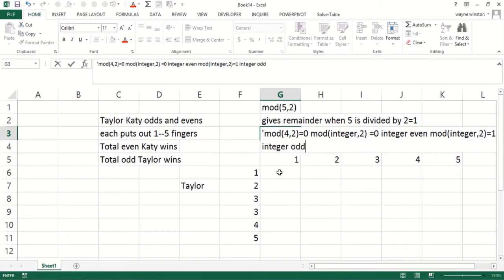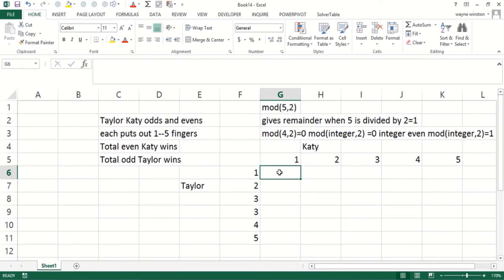And that's the key. Because I have to figure out if the total is even, then I should put the word Katy there, otherwise Taylor. So I can combine the if statement with the mod function, and I have to be good at dollar signing here. You'll see sometimes I dollar sign the row, and sometimes I dollar sign the column.